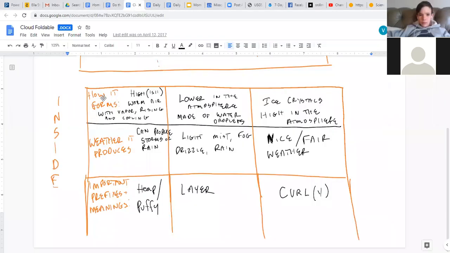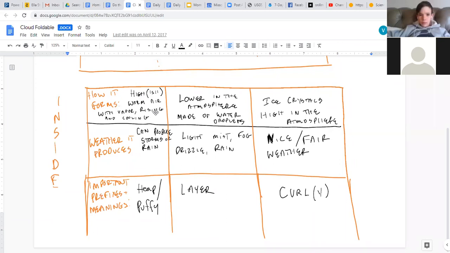If you're looking at this top part of the notes, I can just read these to you right now. Cumulus clouds. So this kind of goes to what we just did with these first three cloud types on slide 12. Cumulus clouds form a little bit higher in the atmosphere when warm air with vapor rises, cools, and condenses.